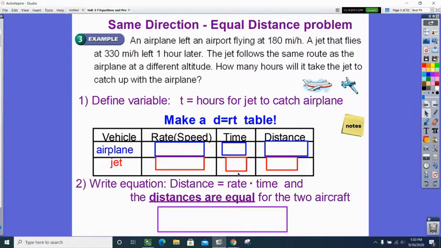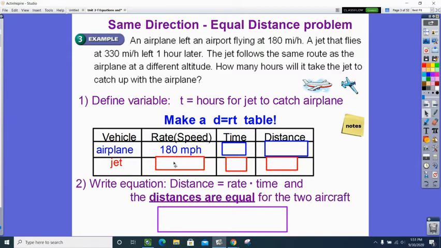So then we're going to write an equation once we have the table filled in. So let's go back up and see what we can fill in from the information. Where does the 180 miles per hour go in the table? It is a speed, so it has to go in here. And since it's the airplane, we would put it in that cell. Are you with me? Now notice that I put the units for the speed. Sometimes that's helpful in case you end up with mismatched units.